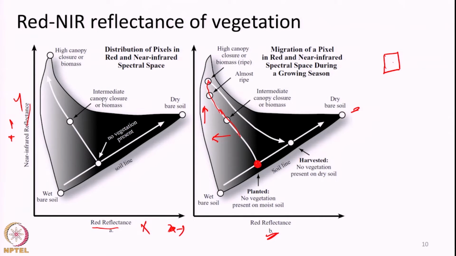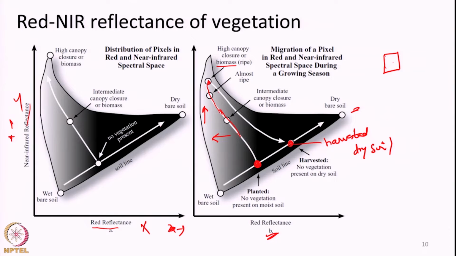So, there will be a point where the crop would have reached its maximum growth cycle. After that, the plant will be ready for harvest. The farmer would have harvested it, and then this particular point may land up somewhere here, indicating a harvested land containing just dry soil without any vegetation.